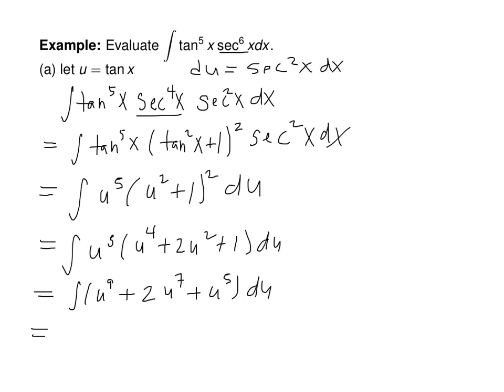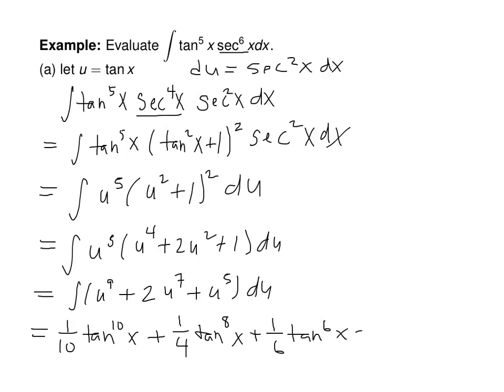And now we anti-differentiate. We end up with 1/10 tangent to the 10th x plus 2/8 or 1/4 tangent to the 8th x, and then lastly plus 1/6 tangent to the 6th x plus c.